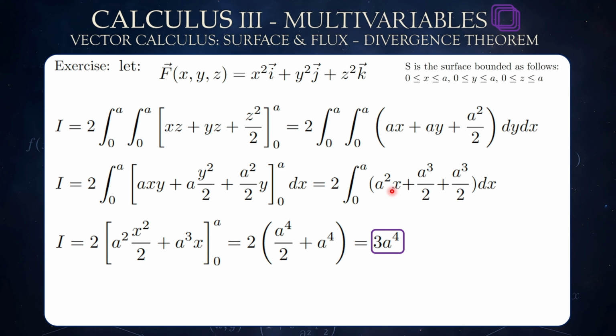It becomes a squared x squared over 2 plus a cubed x between a and 0, equal to a to the power of 4 over 2 plus a to the power of 4, equal to 3a to the power of 4.